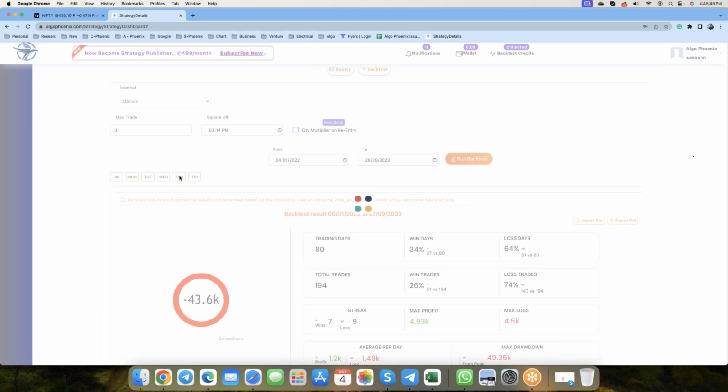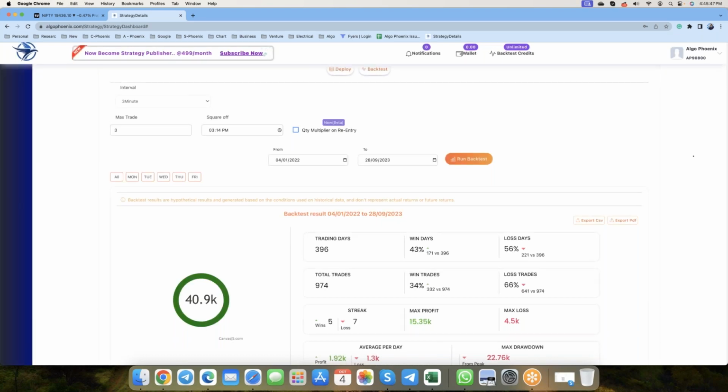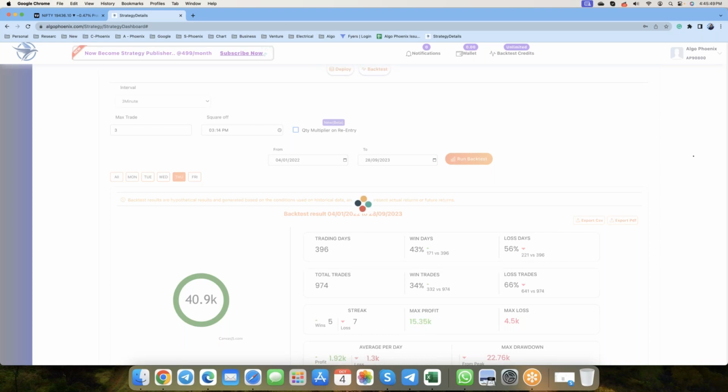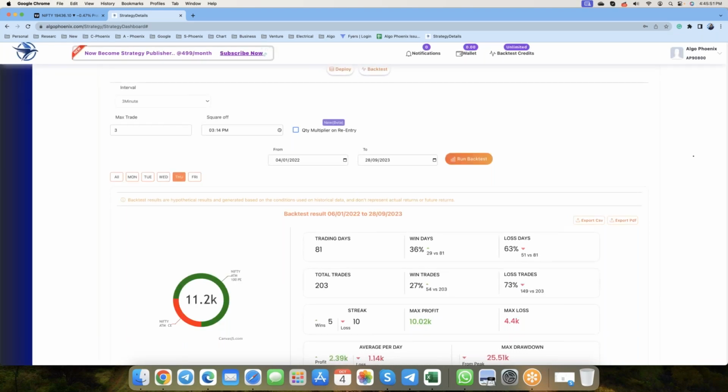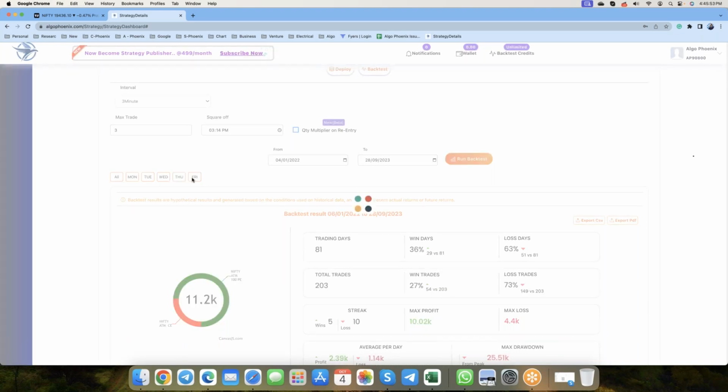Maybe Wednesday is a loss because it is ahead of expiry, and the premium decay is going on too much on Wednesdays. That's why it is giving a loss. Thursdays, okay, it is 70% profitable. On Thursdays, puts are giving a lot of profits and calls are giving losses. And Friday. So I should go for Monday and Friday.